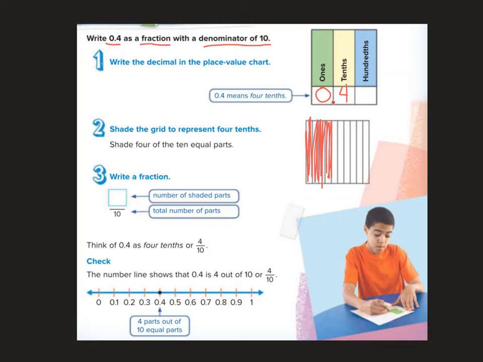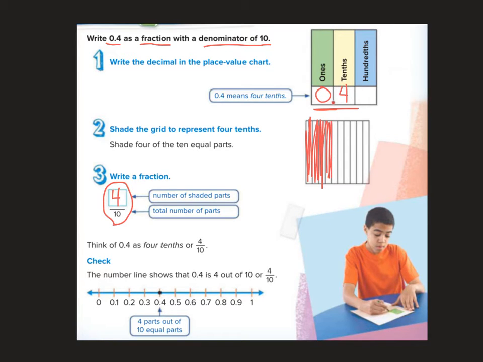So the number of shaded parts are 4 out of 10. And notice too, if I was going to say this number right here, I would say it as 4 tenths. If I was going to say this decimal right here, I'd say it as 4 tenths. So they're interchangeable. We say them the same. They mean exactly the same thing. There's no difference between them. It's just they're written in a different way.